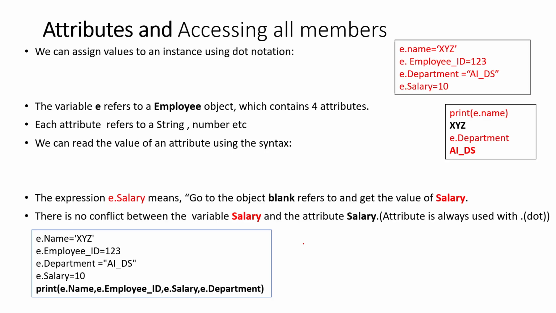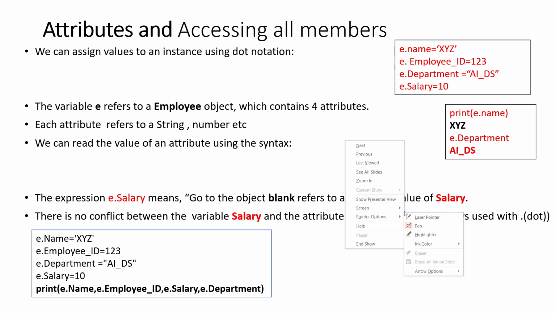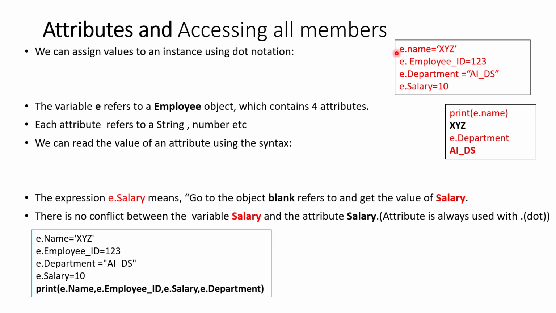Now, how to define attributes? How to access these for processing purposes? The dot operator is used to access the attribute. You can see here E is my instance that was created just before. Name, employee ID, department, salary are the attributes. I can set this in the main program.